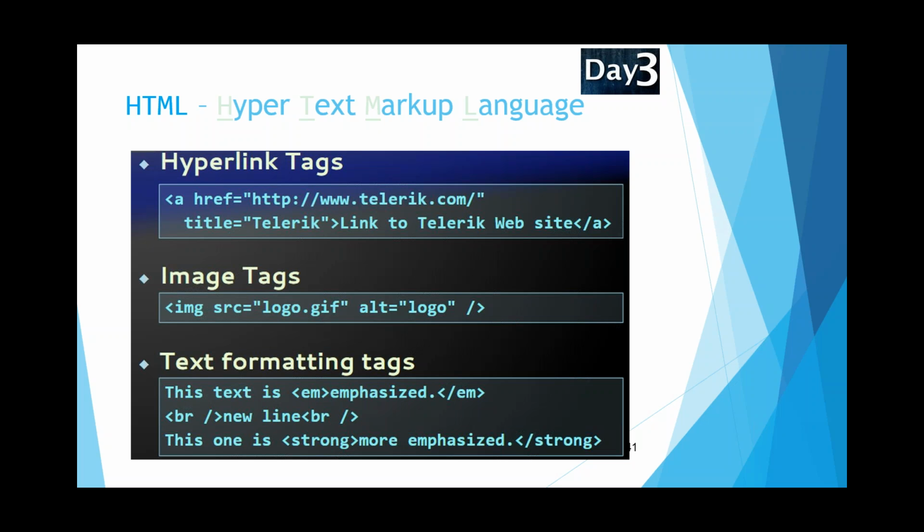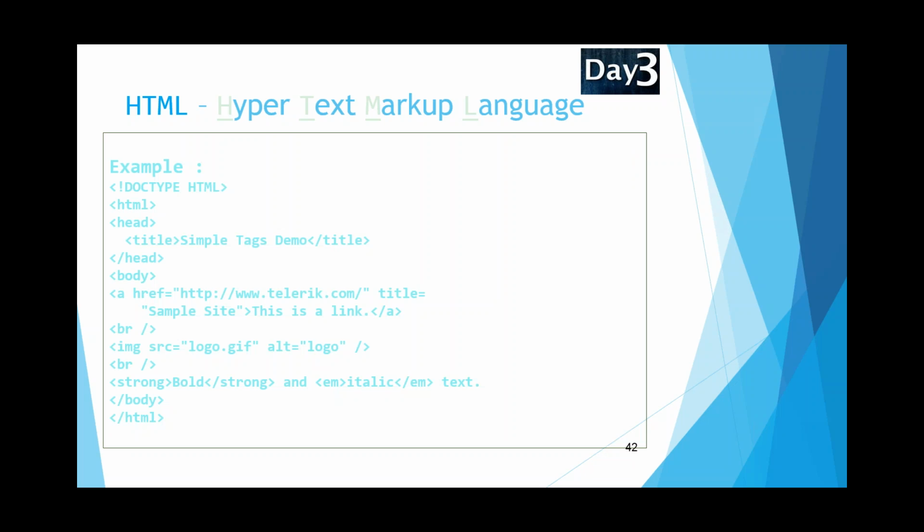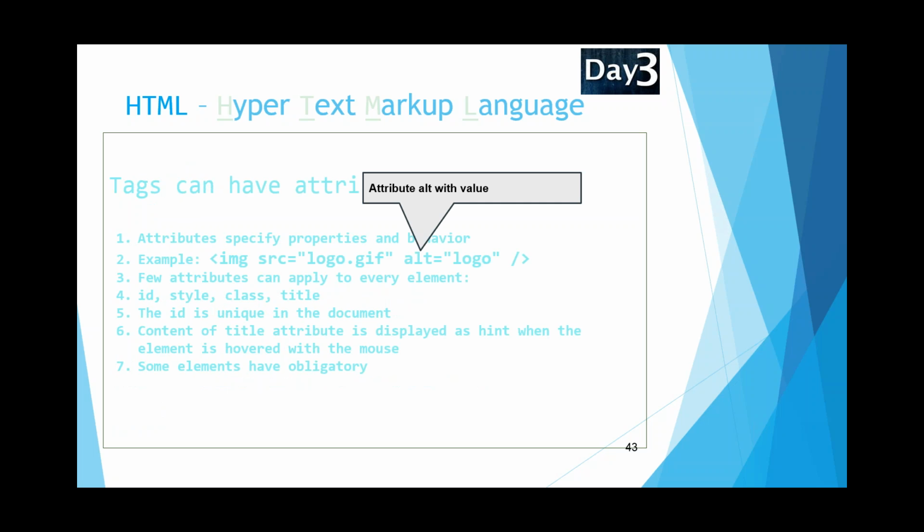Okay, hyperlinks are mainly used for linking between two pages, images to display images on your web page, and text formatting is mainly to format the display of your text. If you want, you can see the examples here, all the things, like this, and then the attribute is alt.